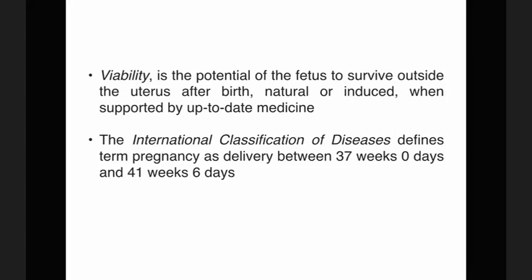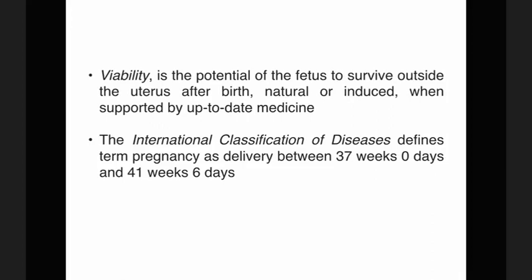Okay. And also the word called term. Apart from viability, the other thing is term. Term is when the baby completes 36 plus 6 days, or beyond 37 weeks, the baby is called a mature baby or term baby.